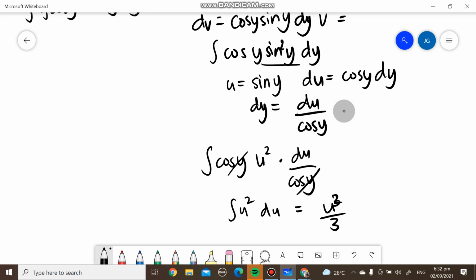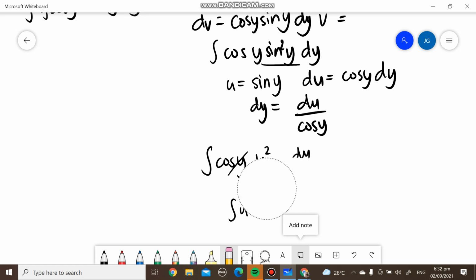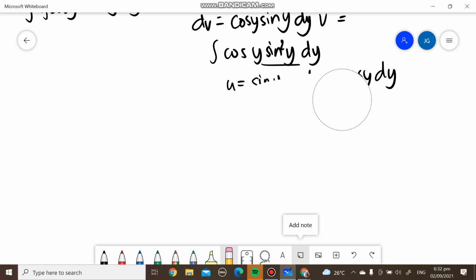So, what's the value of our u? The value is sine y raised to 3 over 3 plus c. So, that's our v value. So, let me erase this part para matuloy na natin yung solution natin.